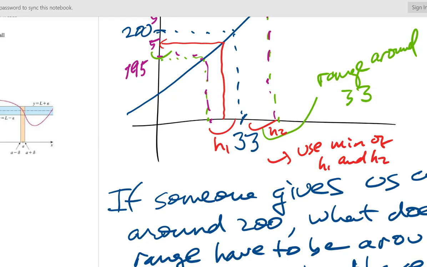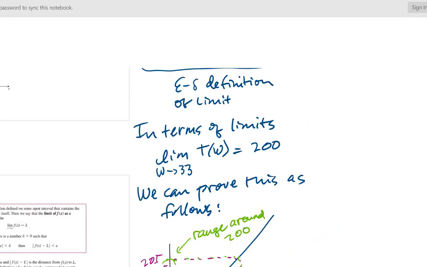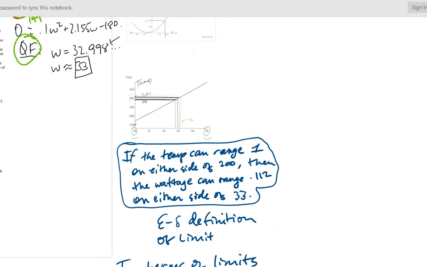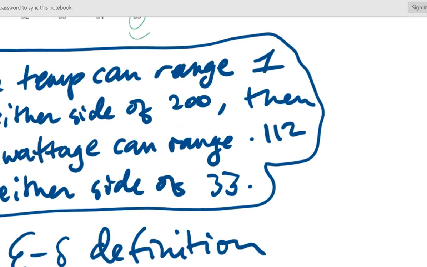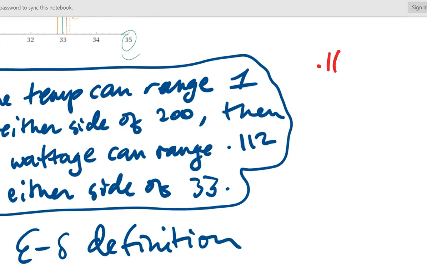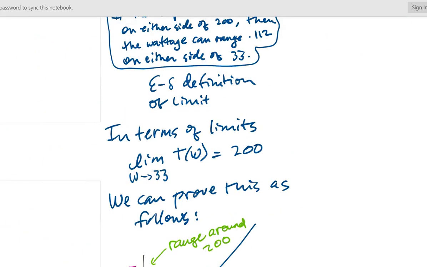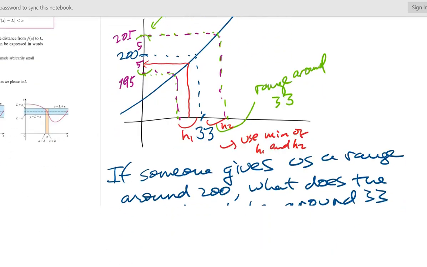That's what we did up here with the previous problem: we had 0.116 and 0.112 we could choose from, and you're going to choose the minimum of those two. All right, so that's that.